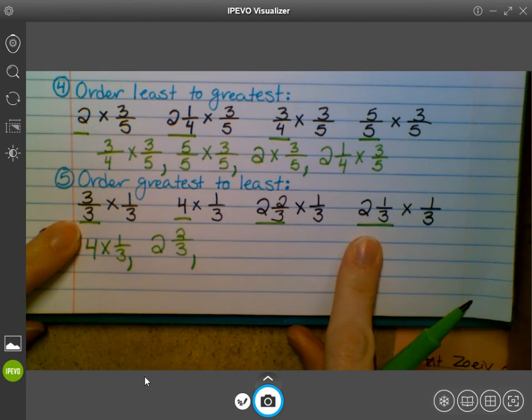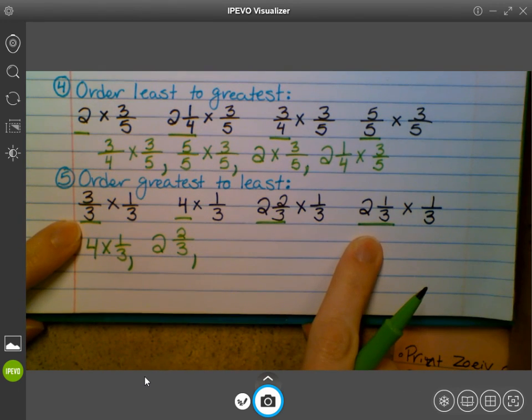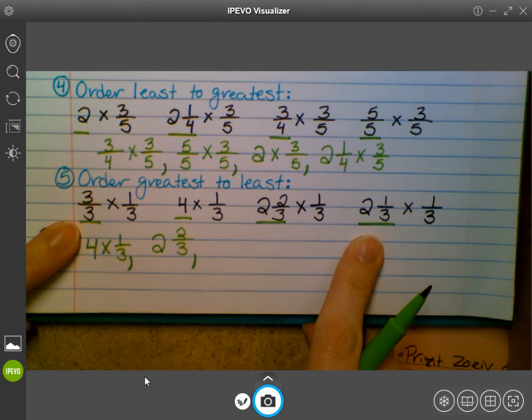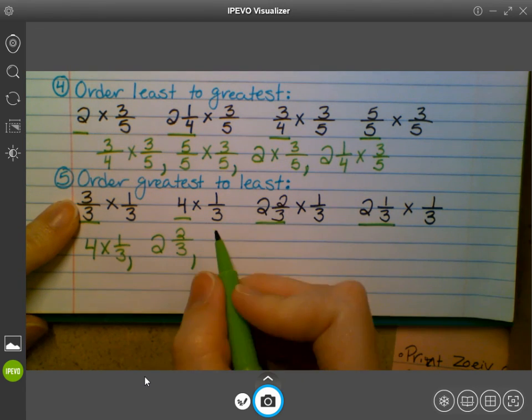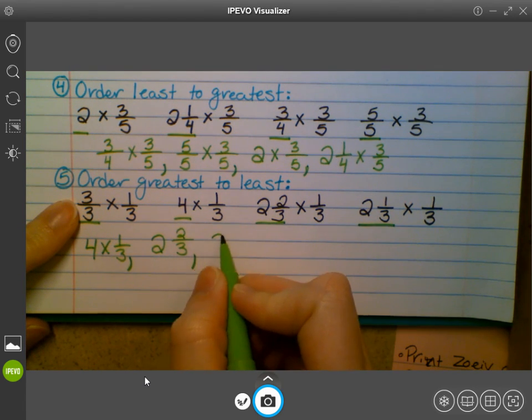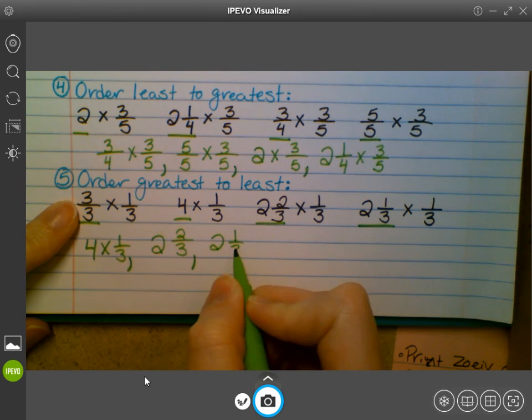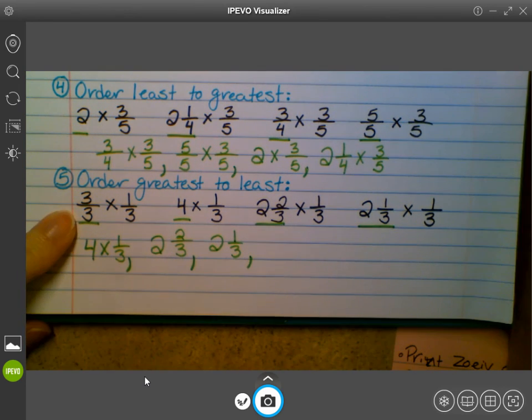Now we have these two left, 3 over 3 and 2 1/3. Who can raise their hand and tell me what's the next one, Michael? 2 1/3 times 1/3. Raise your hand if you agree with Michael. Yes, 2 1/3 is larger than 3/3, which is 1. Then on the count of 3, let's say it together.